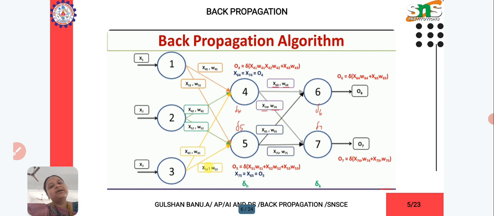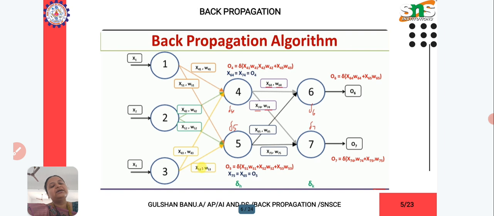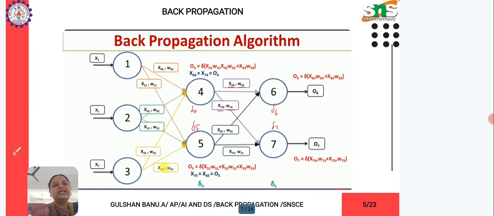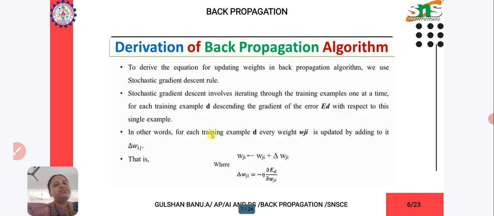You will sum up all these values, and when you take input 6, you will calculate the process of input and weight, that is x_64, w_64. Now this calculation of input, weight and bias is called the activation function. When you take the input, calculate with the weight and do the process, it is called the activation function.